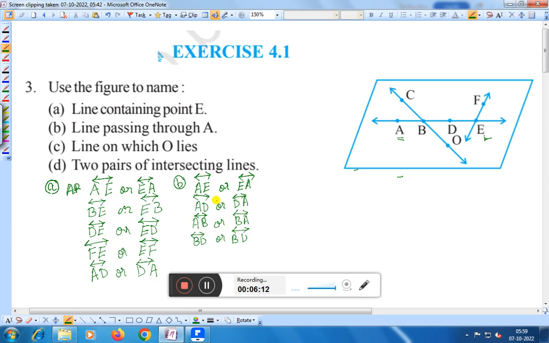Now question number C. Line on which O lies. Here you find O is the point, right? That is only one line, that is FO, or OF. You can write only one line.